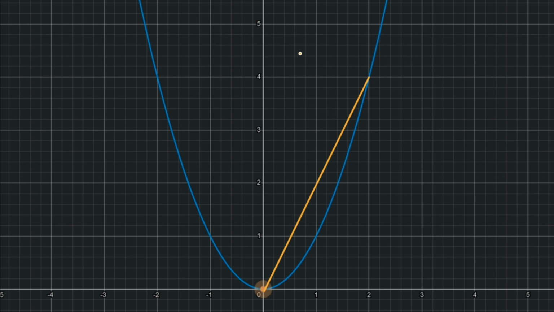So what we have here is basically just rise over run, also known as change in y over the change in x. And if we go ahead and think about this, what we have here is a change of y of 4, because we have 4 minus 0, so we have 4, and then over 2.